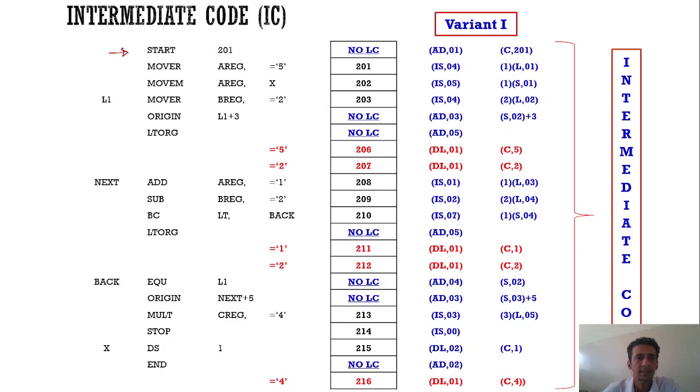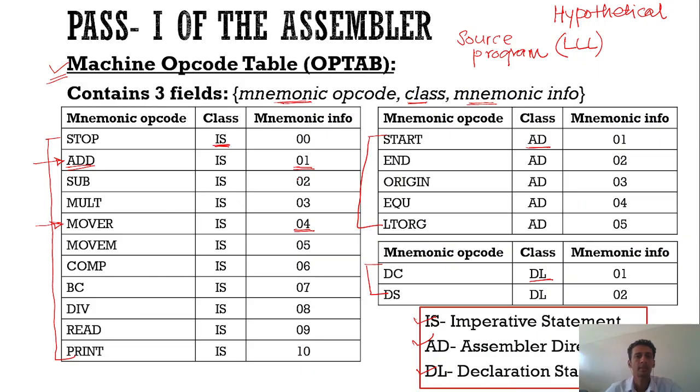The first instruction is START, which is of assembler directive type, so hence we do not have any LC. As START is an assembler directive, we will replace START by AD comma 01, referring to the OPTAB. Let me show you the OPTAB.